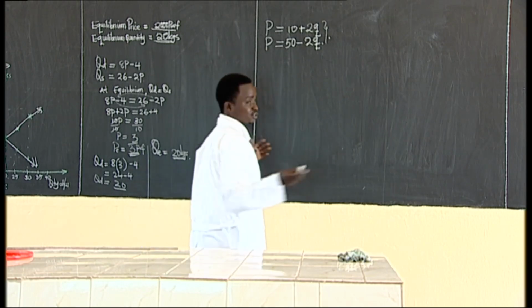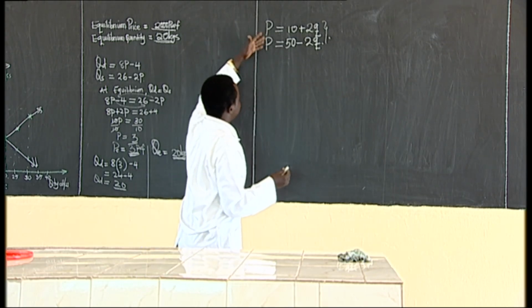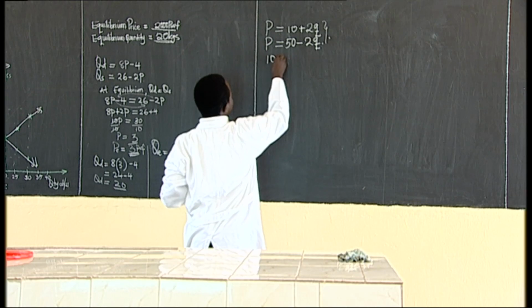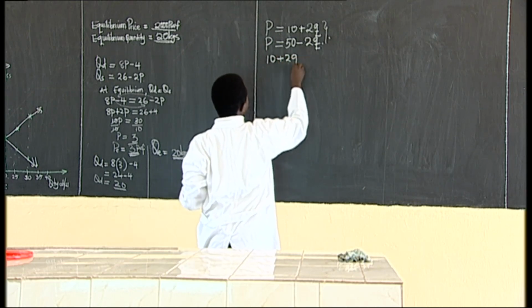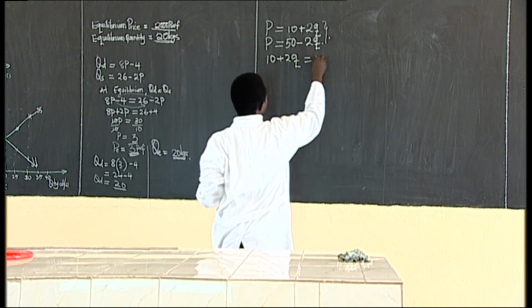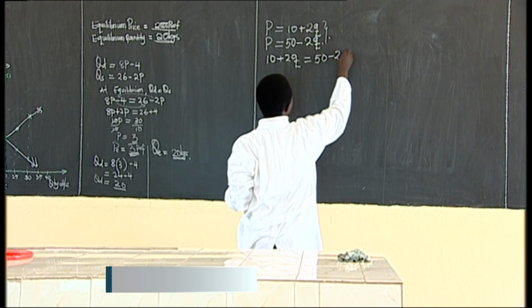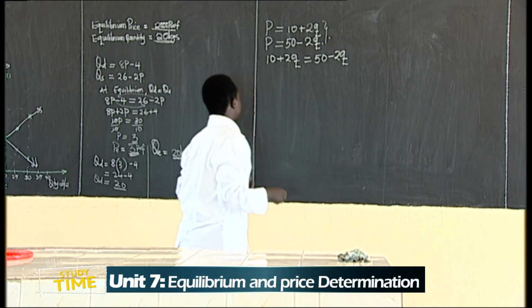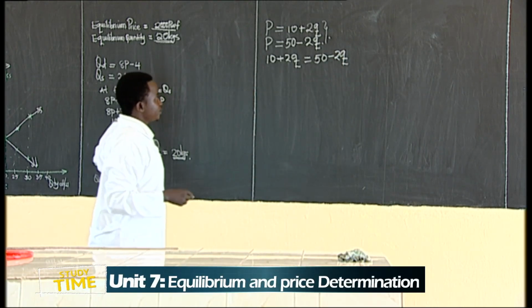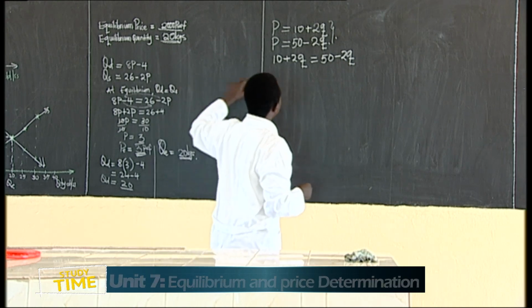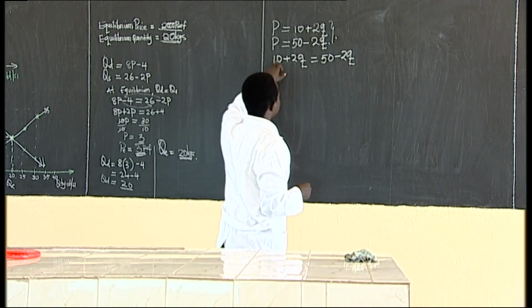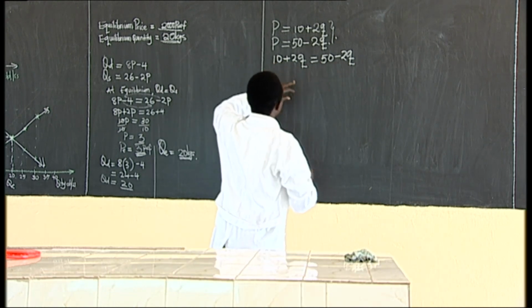So now, equate the two equations, because these are all P. So that means 10 plus 2Q is equal to 50 minus 2Q. You collect the like terms.